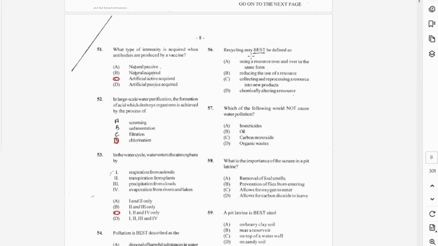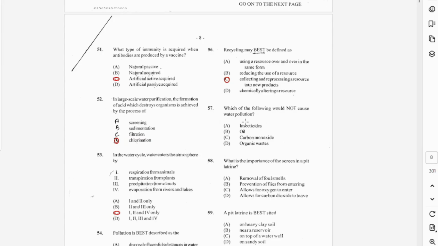56. Recycling may best be defined as, and when you say best, it is really important to read through and try to figure out which one is actually the best definition for whatever term they are looking for. So for number 56, the best would be C, collecting and repurposing a resource into new products. 57.